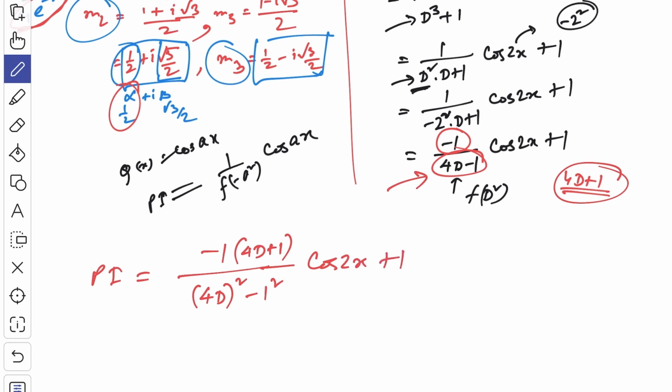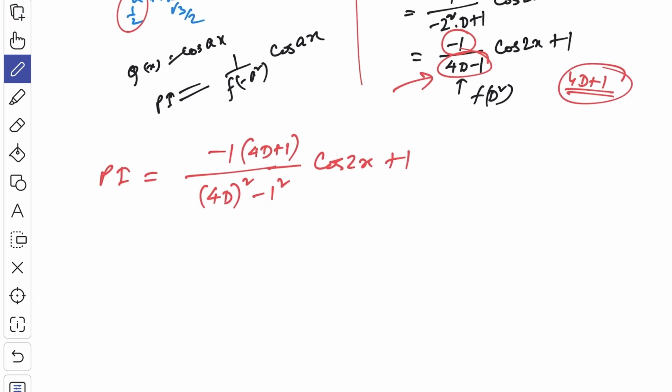That's what you will get, cos twice x plus 1. So that is our PI. Now you see, we're going to have here minus 4d minus 1, and this is 16d square minus 1, cos twice x plus 1.